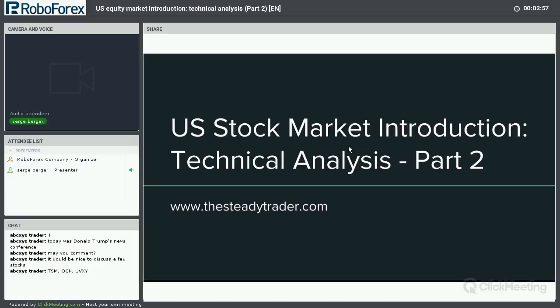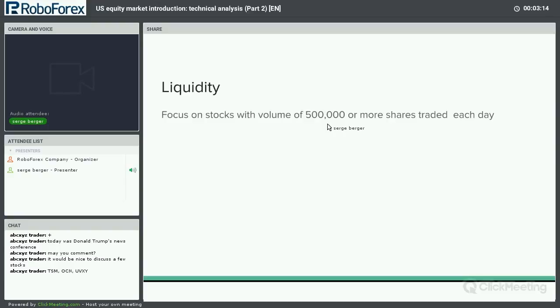So let's continue and move into the meat of the presentation. Just for a little bit of perspective, this is the second part of the technical analysis presentation. We already did a first part a couple of weeks ago where we did a bit of introduction.